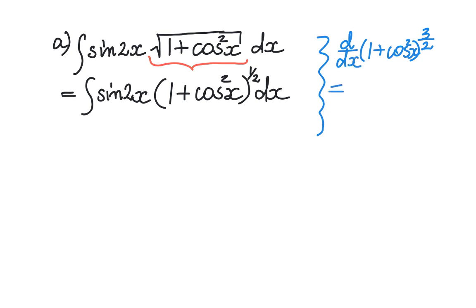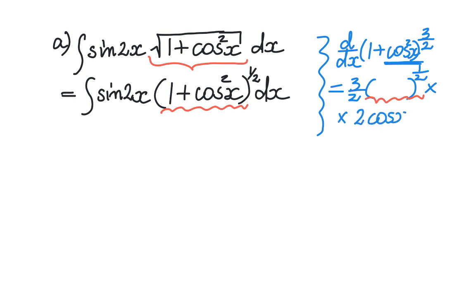Now let me check how close to the answer I am with my guess. So the derivative will be 3 over 2 bracket to the power of half. So I'm there, okay, I've got my bracket to the power of half. But I have to have an inner derivative. Now inside the bracket you have a function cos to the power of 2, so the derivative will be 2 cos to the power of 1.